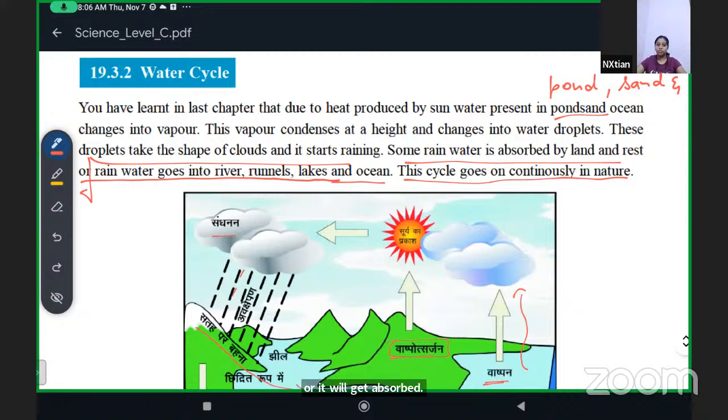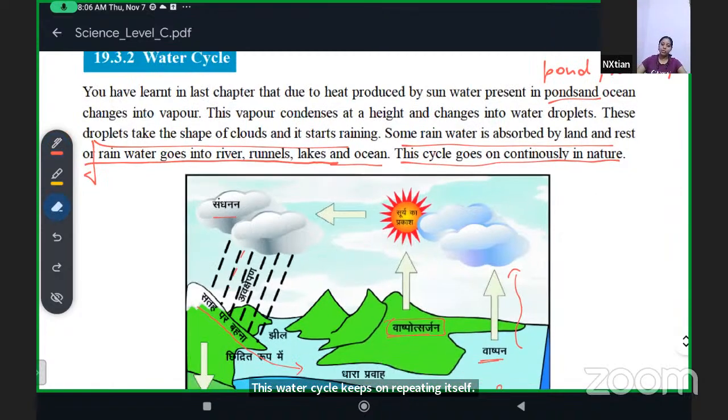Plants are also using that water from the sand, right? So a lot of water cannot be held. This cycle keeps on going in the atmosphere and keeps repeating itself, due to which we have rainfall.